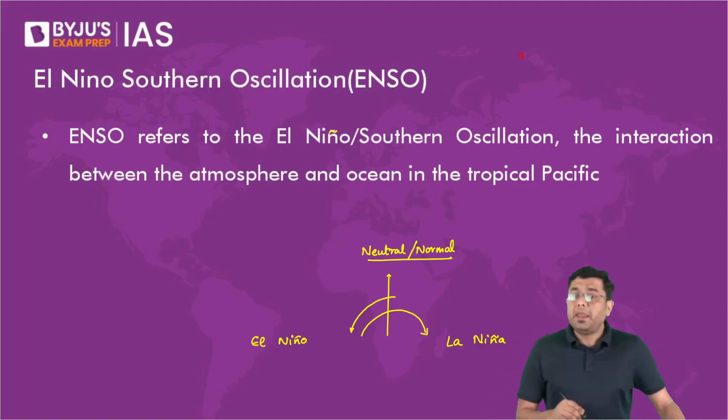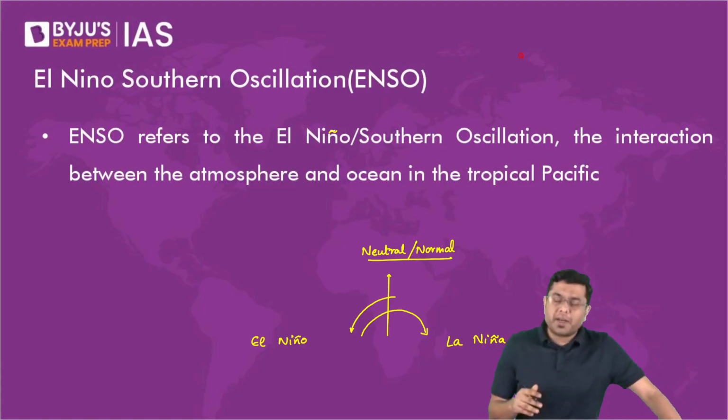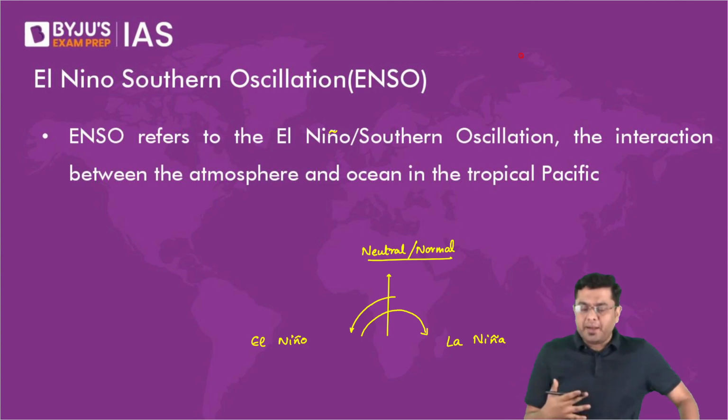Now, here, this is what was experienced in the region of the Pacific Ocean. Now, the neutral or the normal conditions that generally prevail, that is the Walker circulation that we have just studied. So this is your Walker circulation.